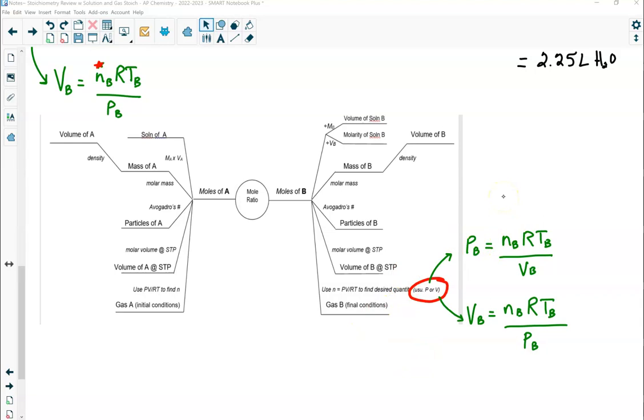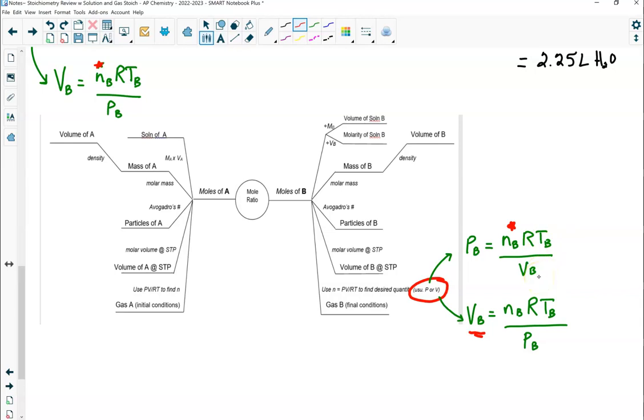Because, again, you're still going to have the moles of B, like we did above, after the mole ratio. So instead of calculating the volume as we did down here, you would take those moles, multiply them by RT, and then divide that by the volume, and that would give you the pressure.